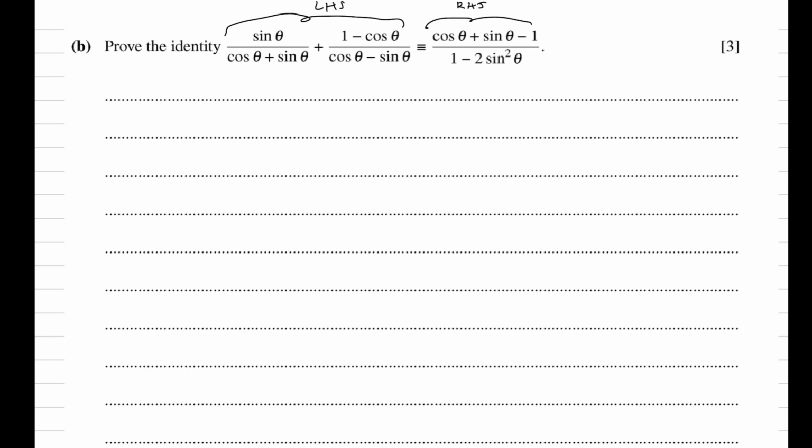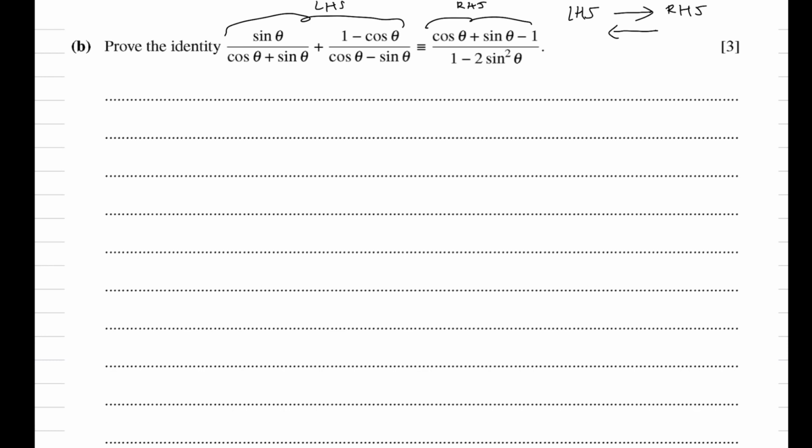So our method to prove the identity is, from left hand side you have to change it into right hand side by using formulas, or you can do either way. From right hand side, use the formula to change it to left hand side. But my suggestion is always start from the most complex one, and we know that left hand side is more complex, because it's easier to make something complex simpler, instead of from a simpler one make it more complex.